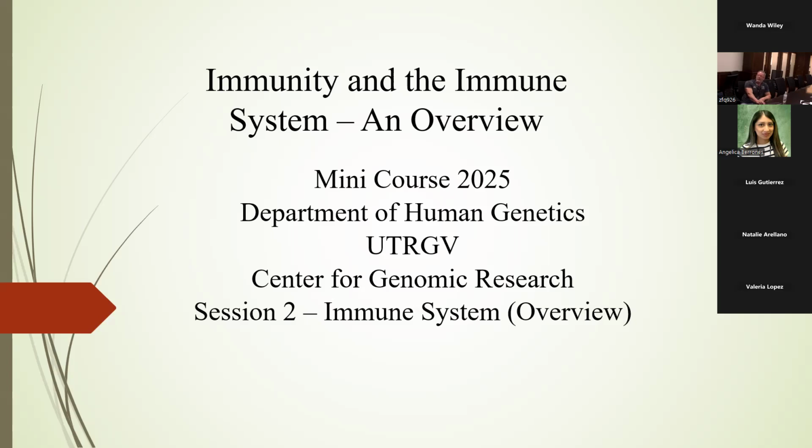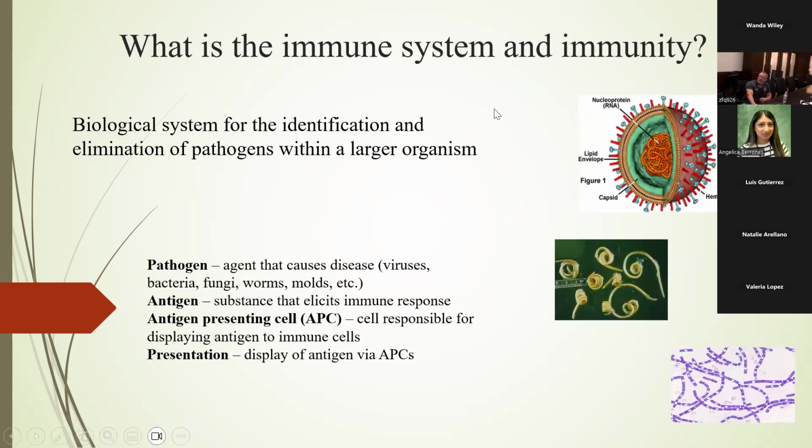So let's talk a little bit about the immune system. What is the immune system in general? This is something that probably many of y'all have heard before. Probably not too much is going to be new here, but the immune system is essentially a system within most organisms. Even if we look at insects, plants, and animals, all of these organisms have immune systems.